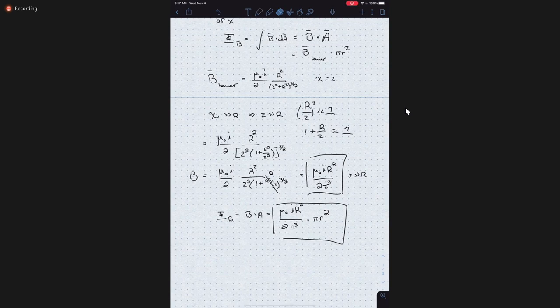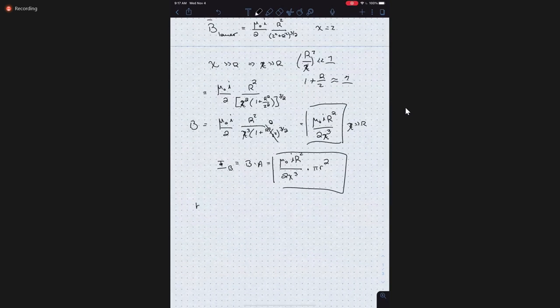I really have z, but the problem calls it x, so you just replace z with x here. Okay, so that's part A of the problem.